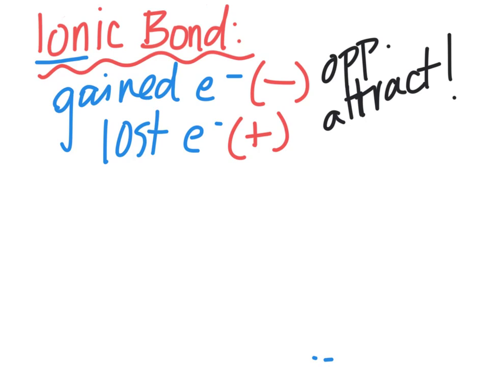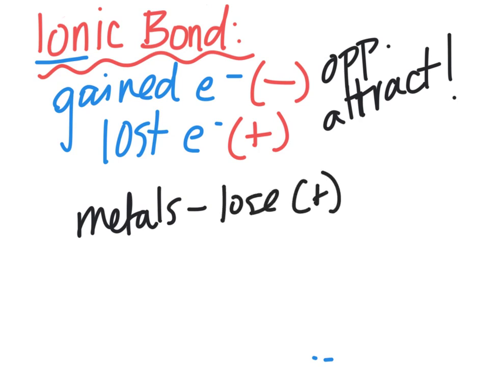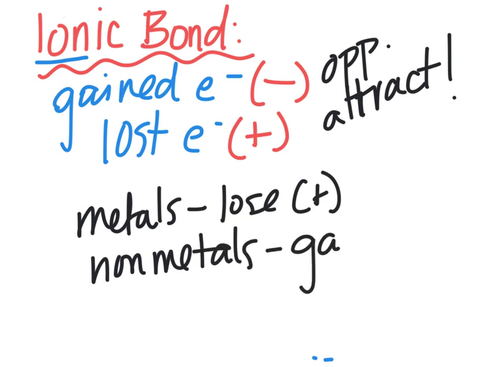Now typically we see an ionic bond form between metals, which of course like to lose electrons, and nonmetals, which like to gain electrons.